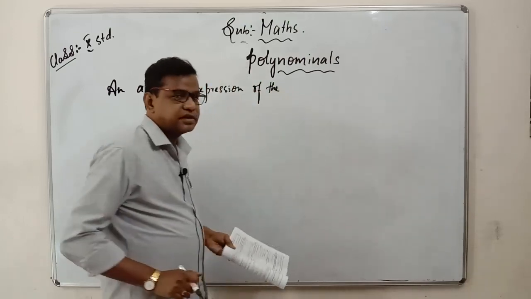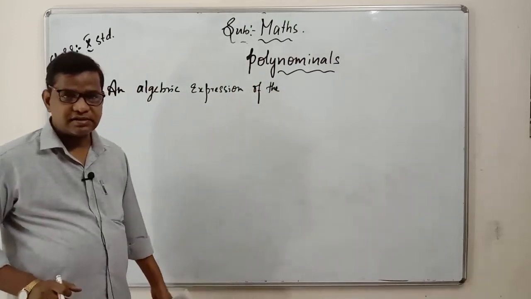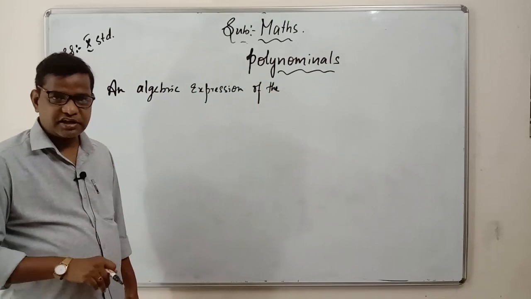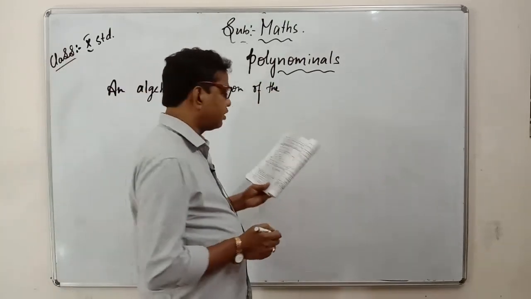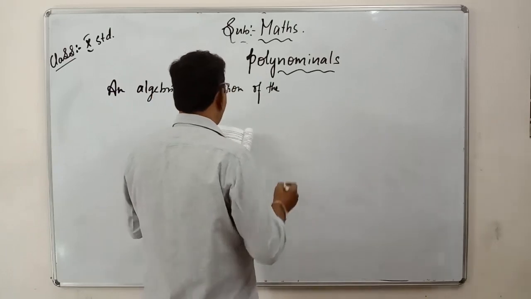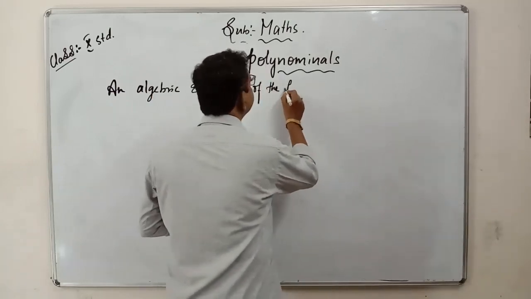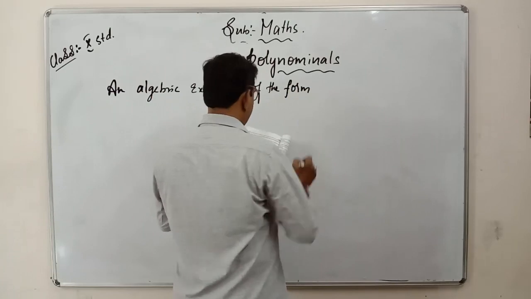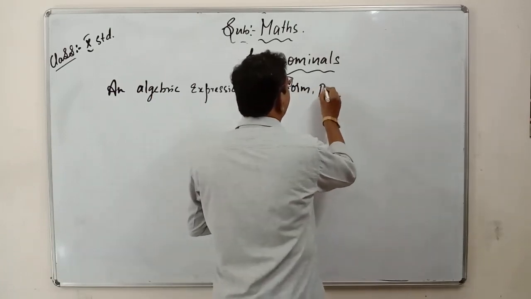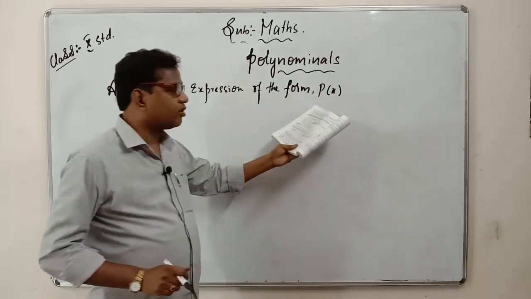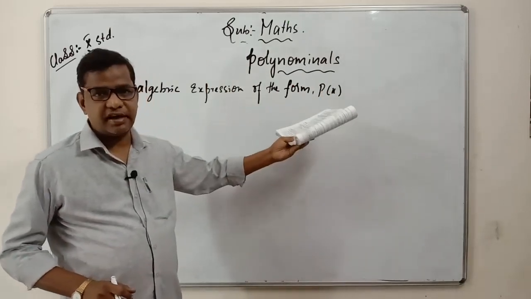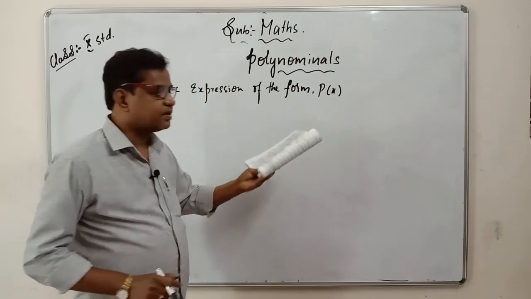See, this definition exactly will not be in your textbooks. You have it in the textbook, but it is not given in detail. So write it down, it is very important. An algebraic expression in the form P of x. What is P of x? P stands for polynomial, x stands for any variable or any number or any constant. So x may be anything.